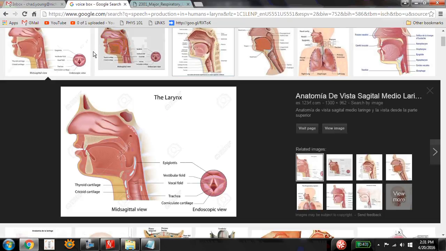You can also see the vocal box here. You don't need to know all these details, but inside the vocal box you have these folds. The vocal folds are the vocal cords, as we call them, that you force this air past. When you force air past them, it causes them to vibrate, and that's actually what causes the sound.